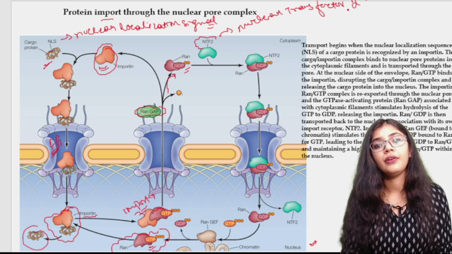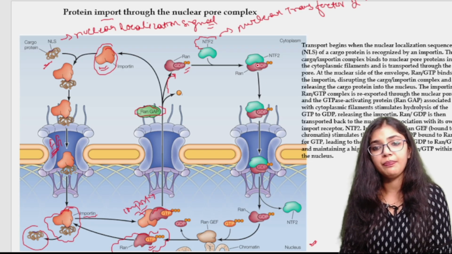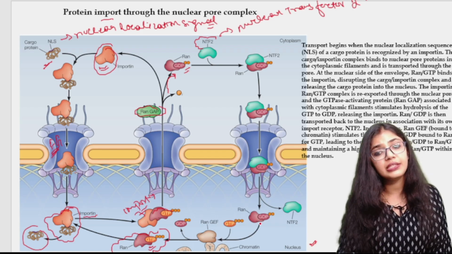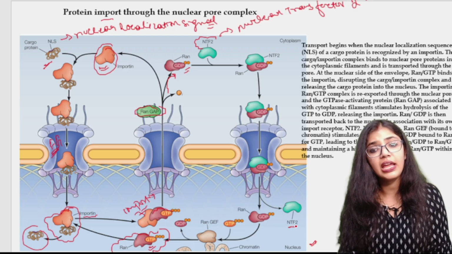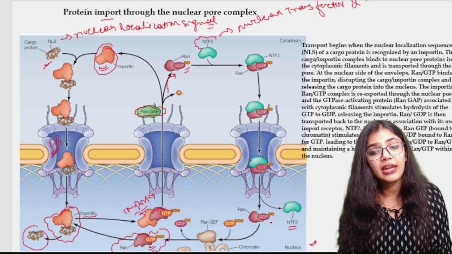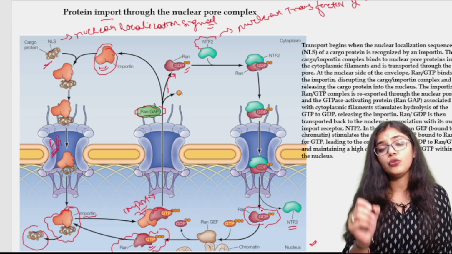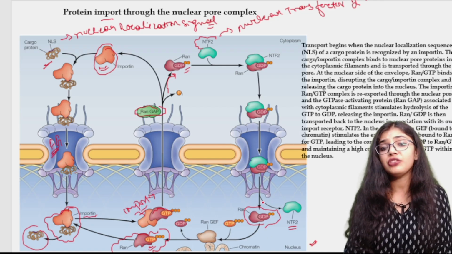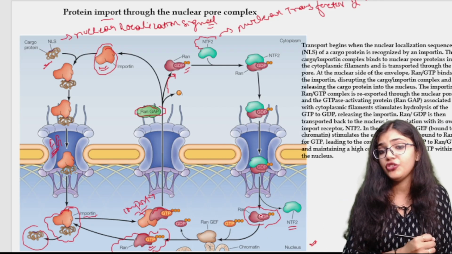It binds with RAN GDP and is transferred inside the nucleus. When it comes inside the nucleus, NTF2 will be dissociated and the RAN GDP will be present. Inside the nucleus, the RAN GDP does not have any work; its work will be activated when it is in the GTP form.